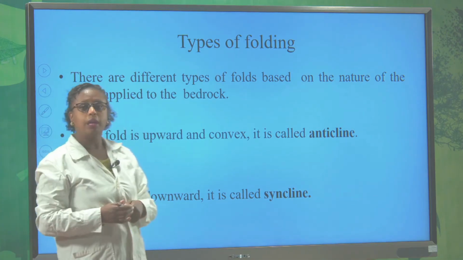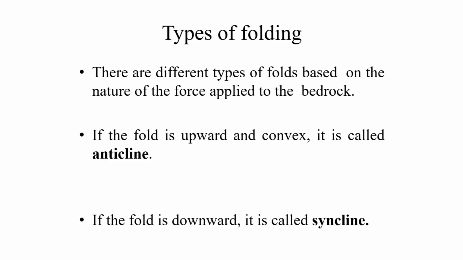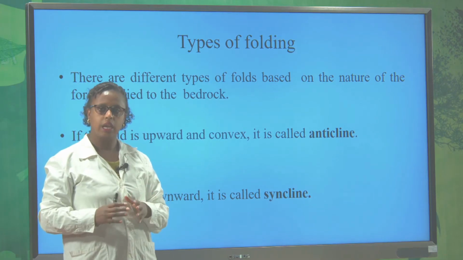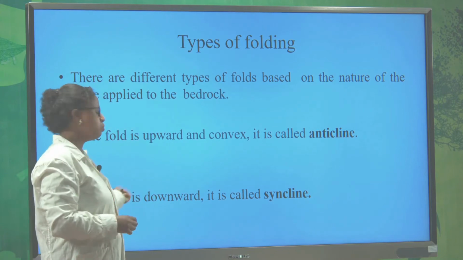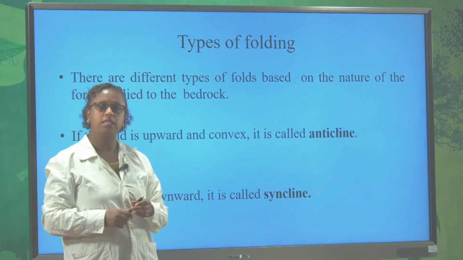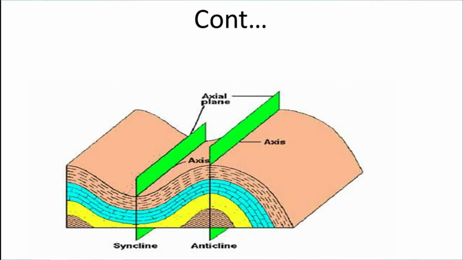There are different types of folding based on the force applied to the bedrock. For instance, if the folding is moving upwards and convex, we call it anticline. If the folding is moving downwards, we call it syncline. In this picture, you can see the different types of folding.